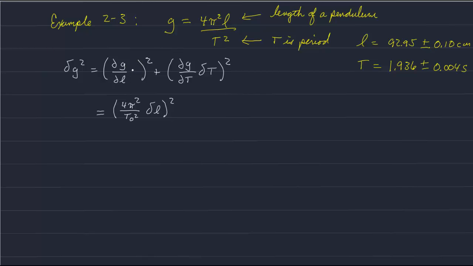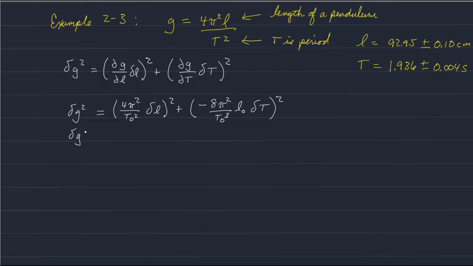I should write delta L there. Okay, so I wrote out the first term, and then the second term is minus 8 pi squared over T naught cubed times L naught times delta T. And again, we're tossing out the nonlinear terms of the uncertainties. And so that gave us delta g squared.